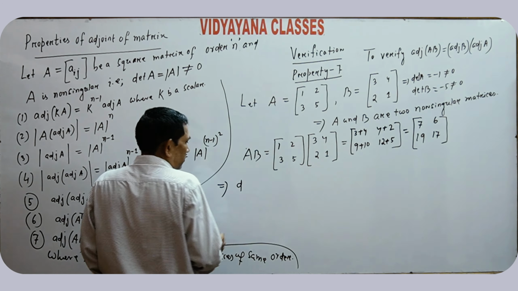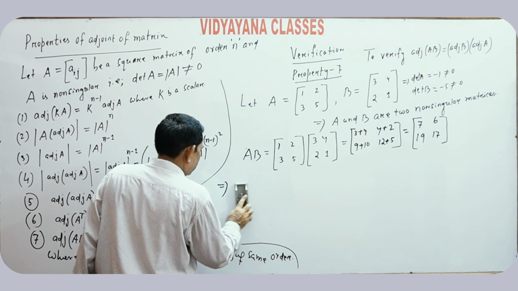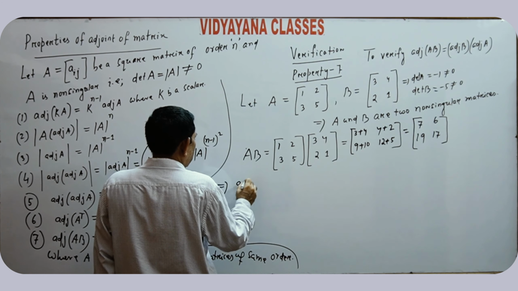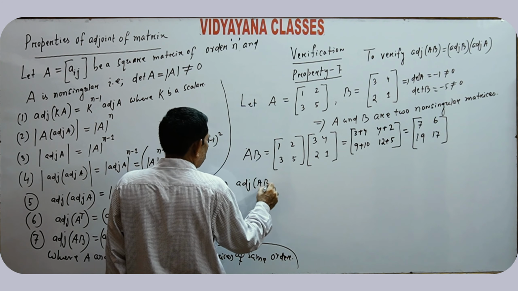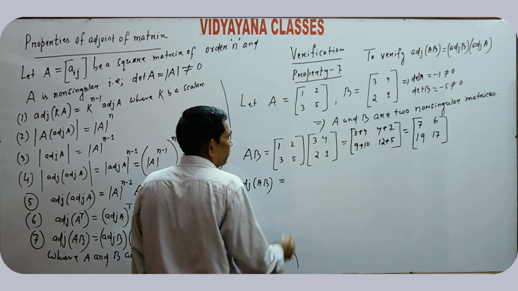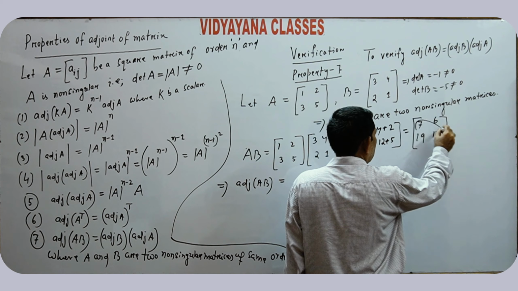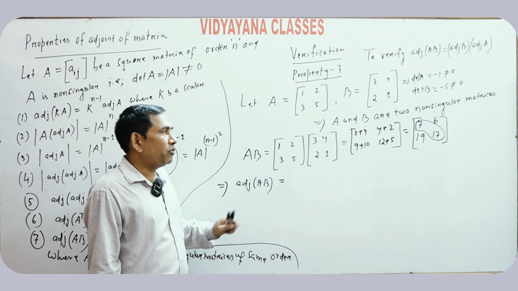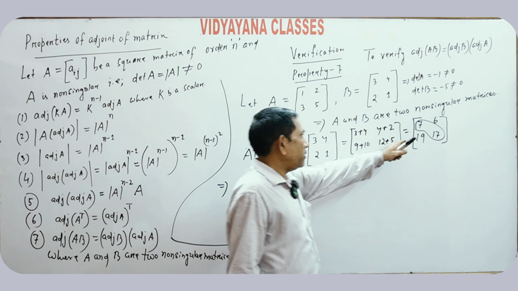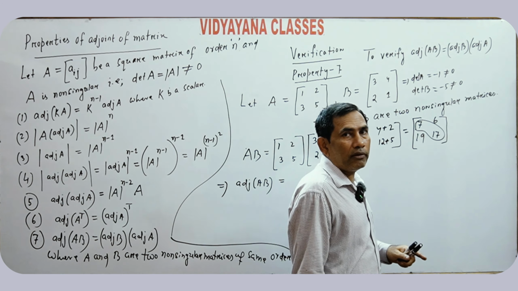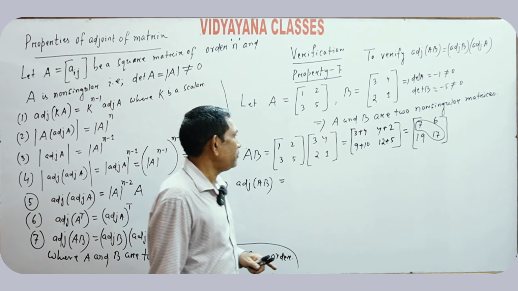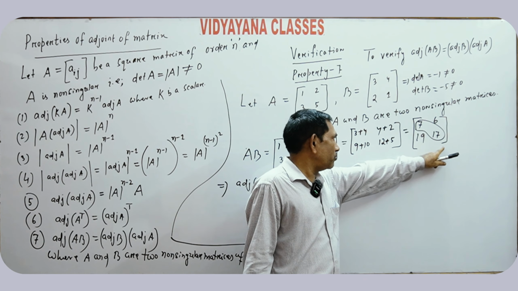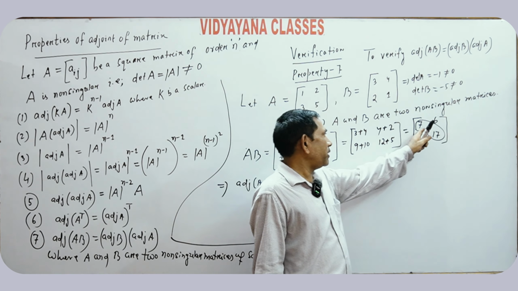Now the adjoint of AB. What is adjoint? The transpose of the cofactor matrix. By the direct method, we can find the adjoint of a square matrix of order 2. It is a square matrix of order 2, so we can find the adjoint by the direct method.